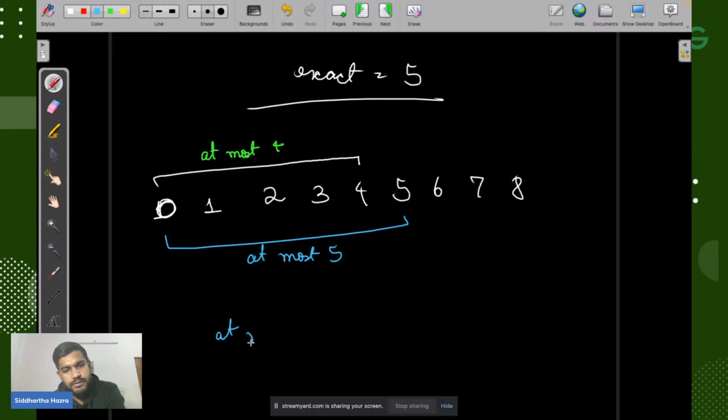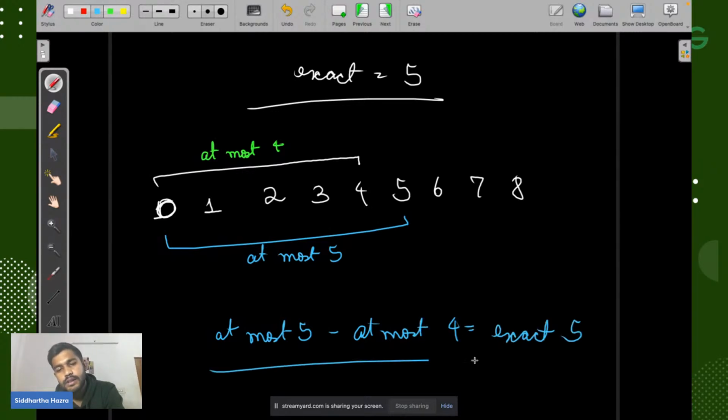So at most 5 minus at most 4 is equal to exactly 5, or not? If we remove at most 4 from at most 5, then the remaining one would be exactly 5. Give me a quick yes or no. This is the trick to this question, and to many other problems, to be honest.